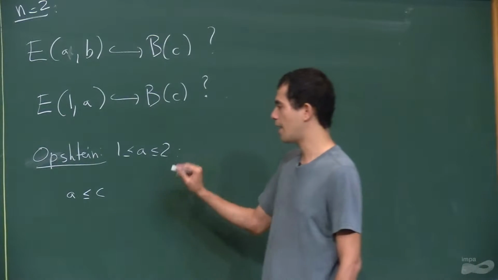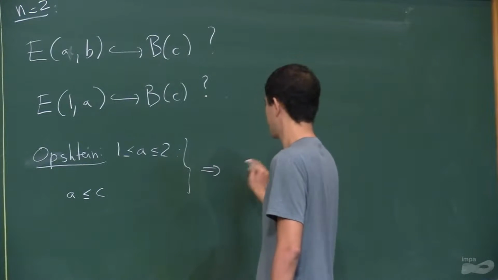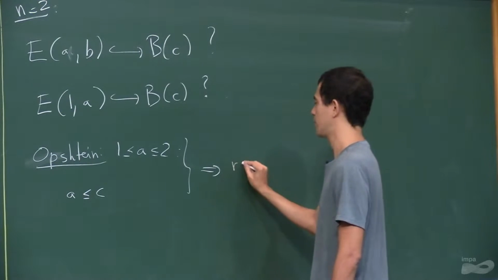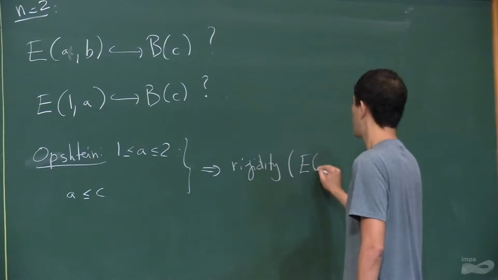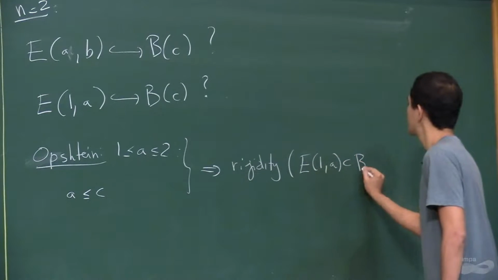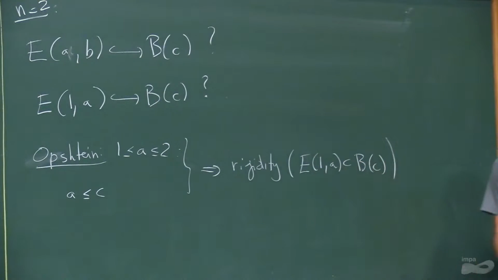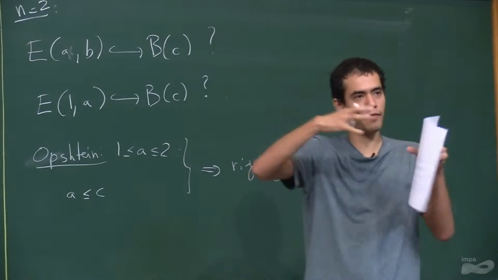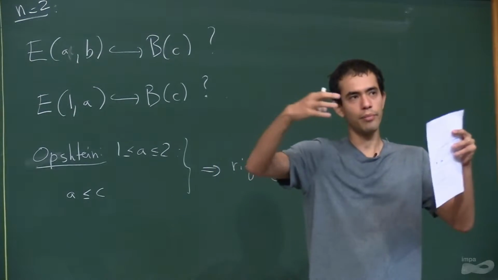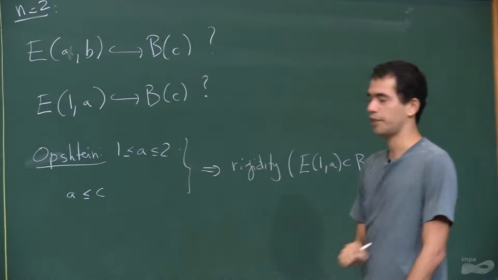Okay, so that is basically the strong rigidity. This means that E(1,a) has to be contained in B(c). So if the ellipsoid is close enough to a ball, so if it's not very pointy, then you have strong rigidity.